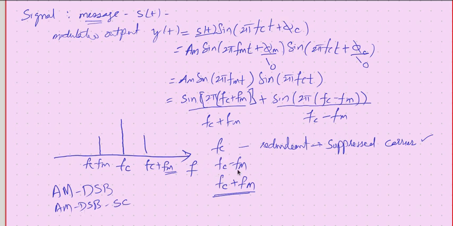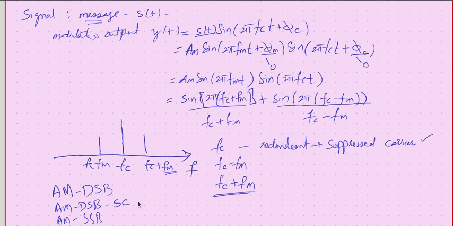There is no point in having the message signal twice. That means the lower sideband also carries the message, and the upper sideband also carries the message. Therefore, it is better to have only one sideband, which is called single sideband. So this has a carrier and one sideband, either the upper one or the lower one, whichever can be used, since both of them have the message content.